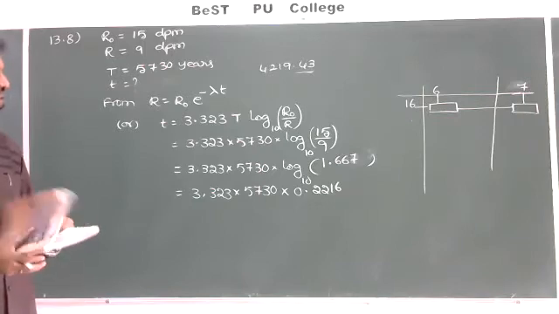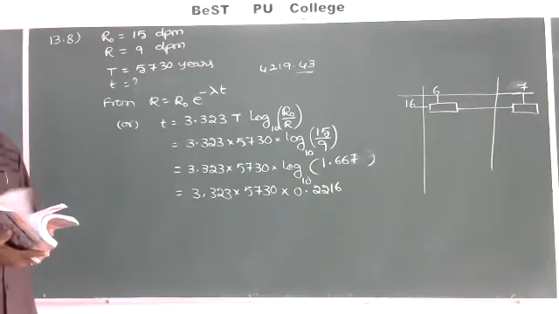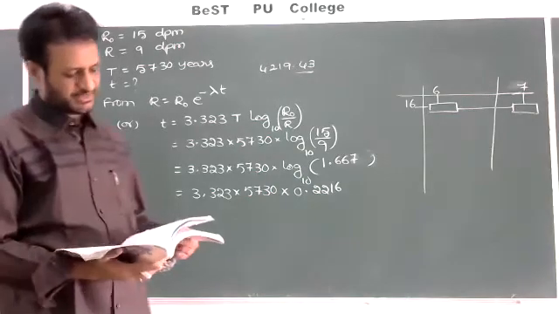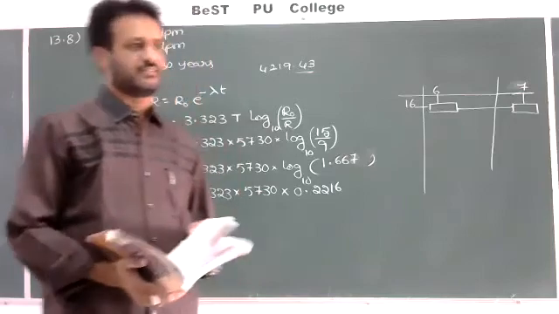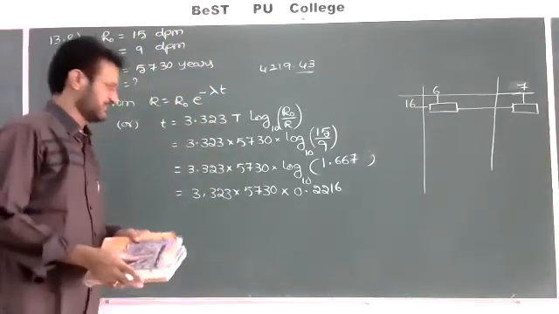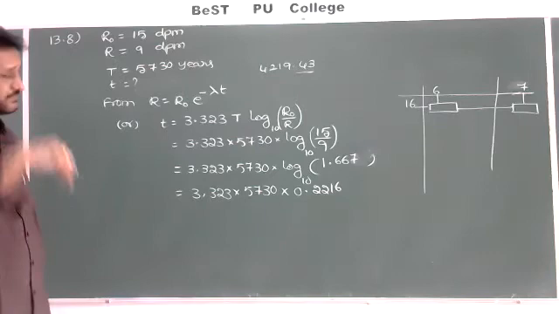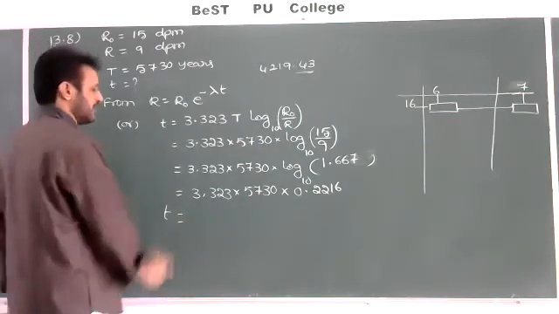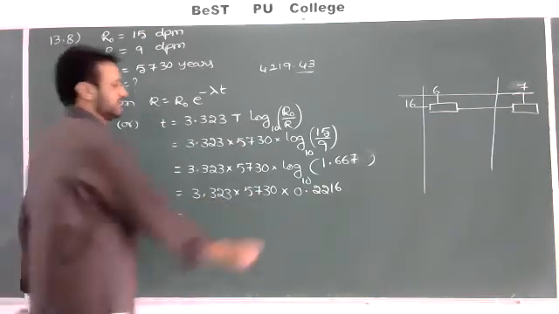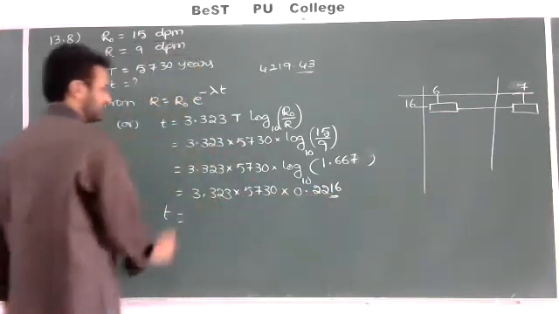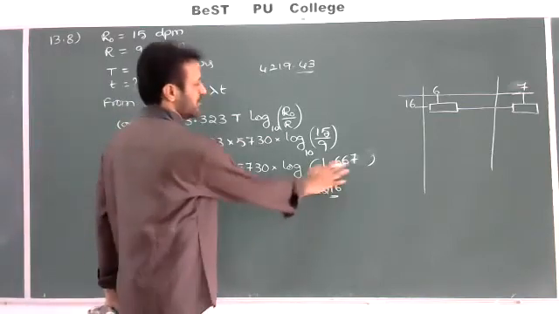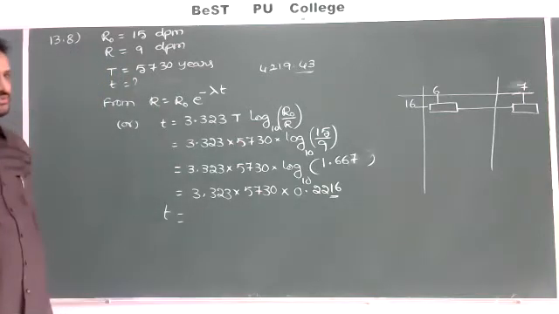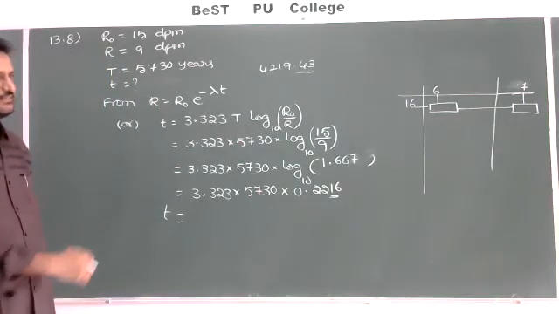4219. In the textbook they have given 4224 years. So later, take the logbook and check this value, and after checking we should write it here. How much are you getting for log 1.667? 0.2216.